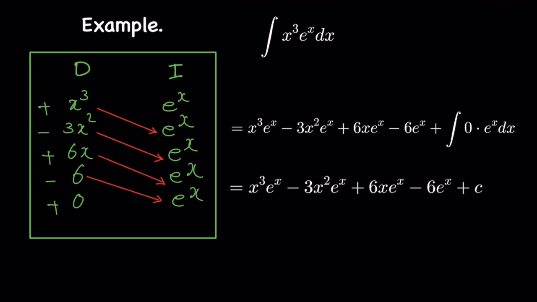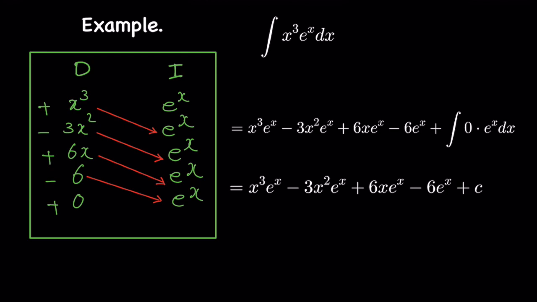And you put these alternating plus or minus signs here. Starting from the first row, you start with the plus sign, and then you place these alternating plus and minus signs. Now the table is ready, and I can use this table to quickly evaluate this integral.